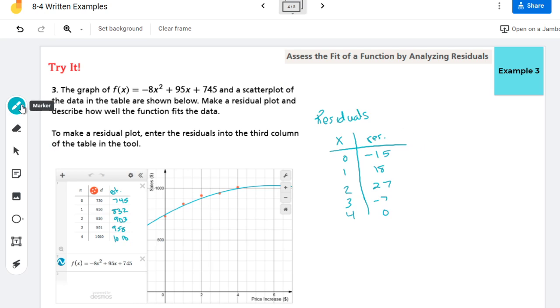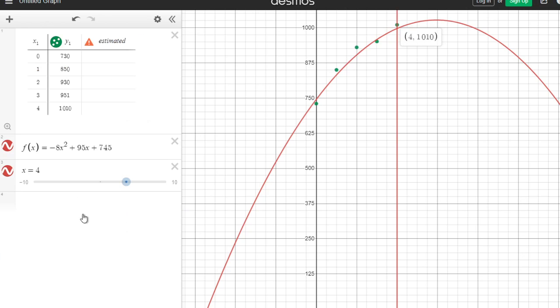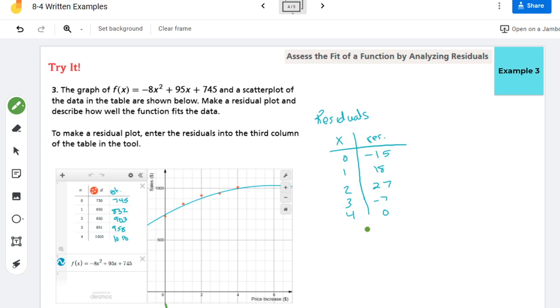So if I were to come over here onto their graph, I'm going to extend that line a little bit and do a residual plot down here at the bottom. Now, if you were to continue with the regression I had done on here, it produces the residual plot for you, which is nice.